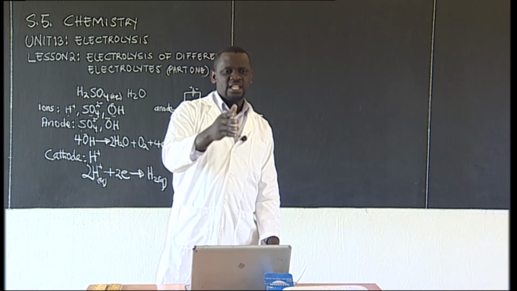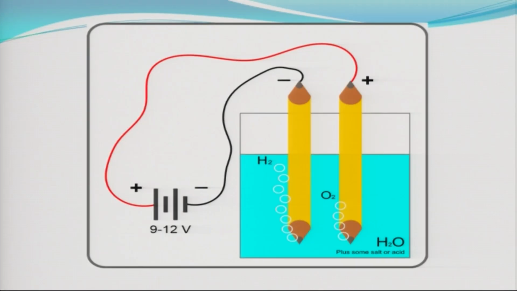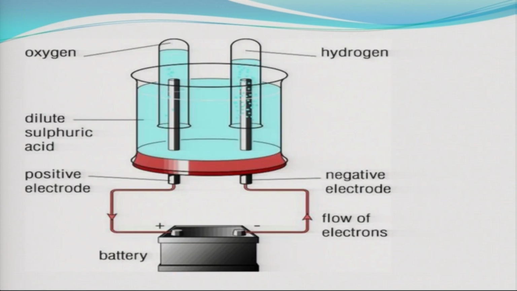Again, you recognize that at the positive plate we have oxygen and at the negative plate we have what? Hydrogen. So that is a simple illustration. When you're carrying out this electrolysis, you are always supposed to produce these two gases, unless there is a mistake in your work.